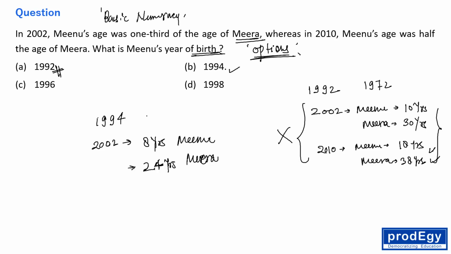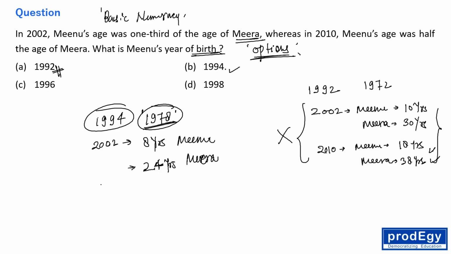So this is 1978. So Mira will be 1978 born and Minu is 1994 born.